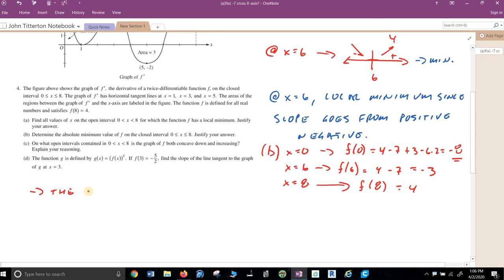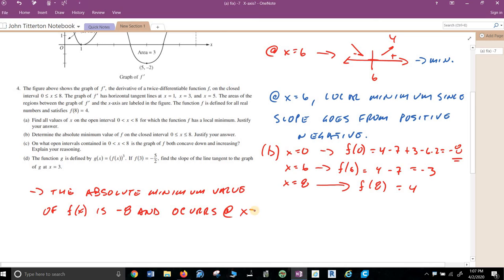The absolute minimum value of f of x is negative 8 and occurs at x equals 0. Now I actually usually write it as f of x has an absolute minimum of negative 8 at x equals 0. Either one will do. So you can go either way.